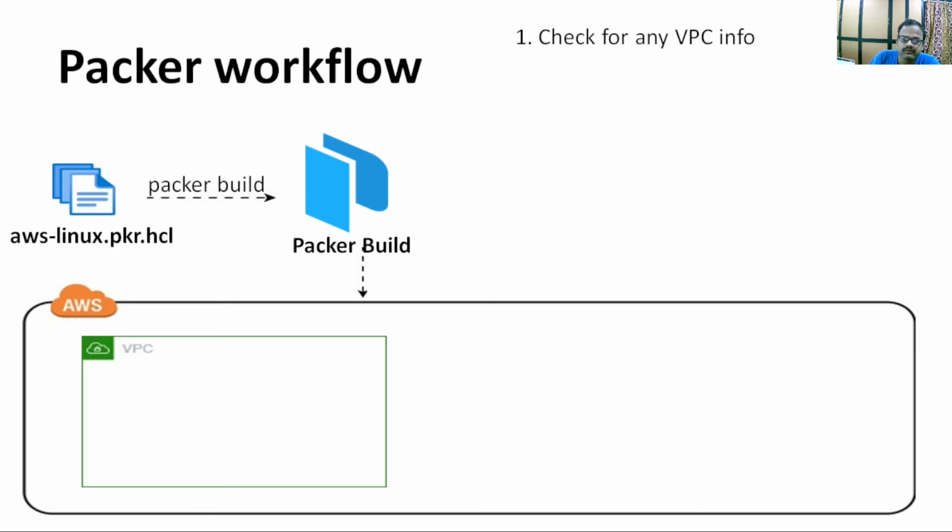So if we have not mentioned anything related to VPC or private VPCs, then the default VPC will be selected. Then the base image, it is a very important thing.